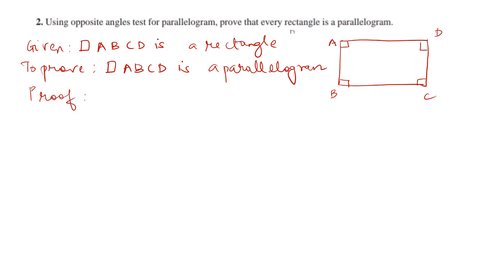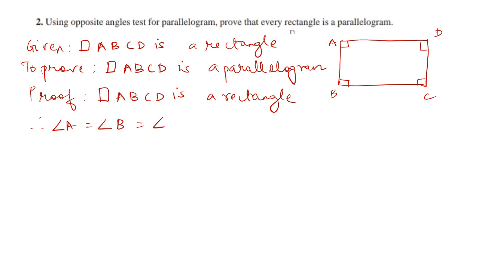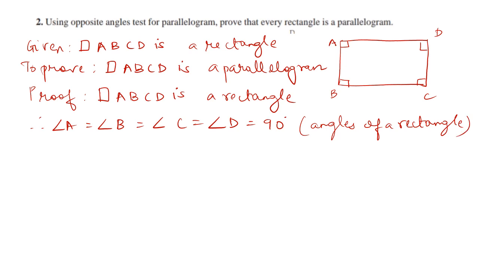Proof: since ABCD is a rectangle, therefore angle A is equal to angle B is equal to angle C is equal to angle D is equal to 90 degrees. Why? Because they are angles of a rectangle.